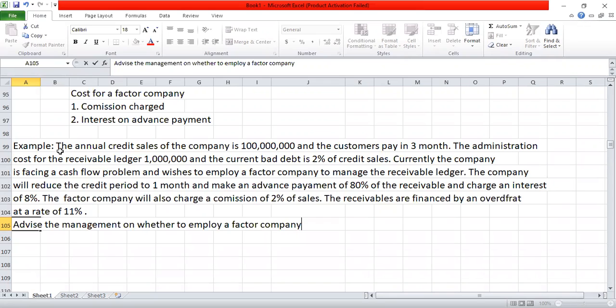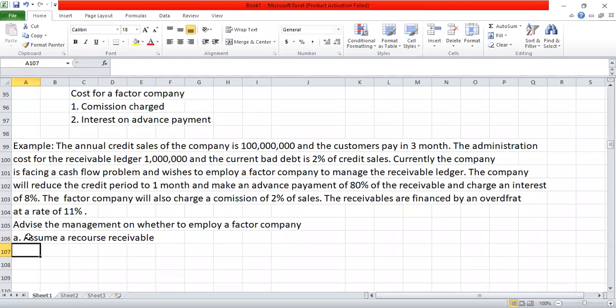Now, let's say part A, assume a recourse receivable, and part B, a non-recourse receivable.